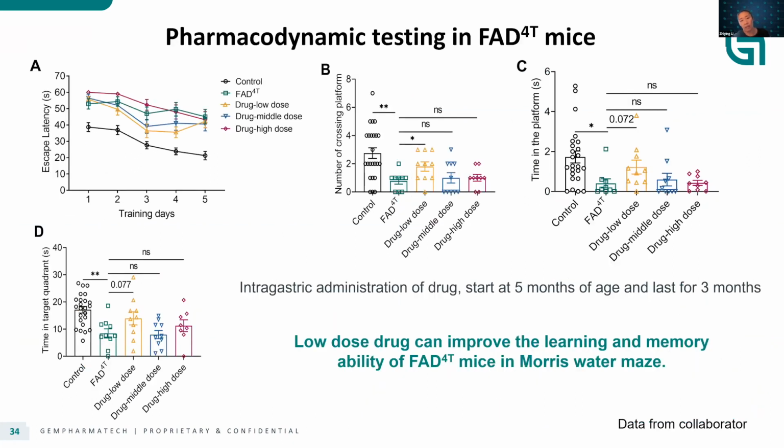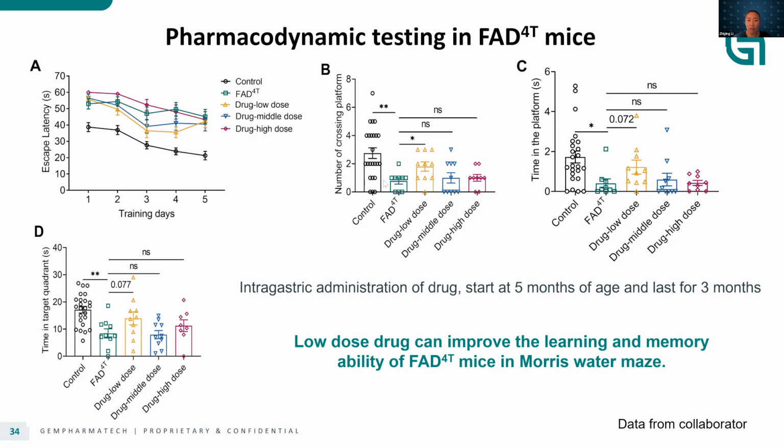And finally, this is a data slide from a collaborator where the goal is to develop a potential treatment for Alzheimer's. I'll just ask you to focus on the first plot on the upper left side. As you can tell, there's the control B6 animal, and then the FAD mice in green without the treatment, followed by 3 drug treatment groups at different doses.